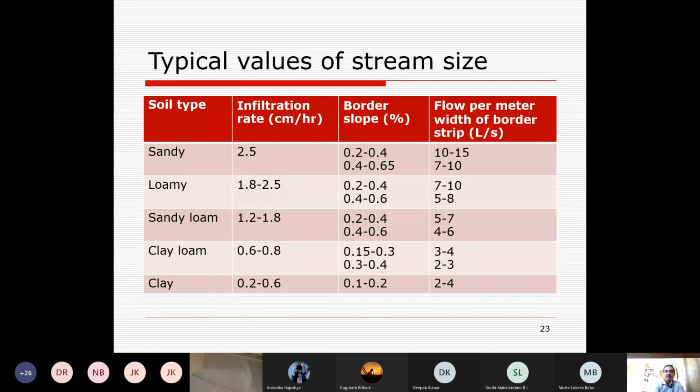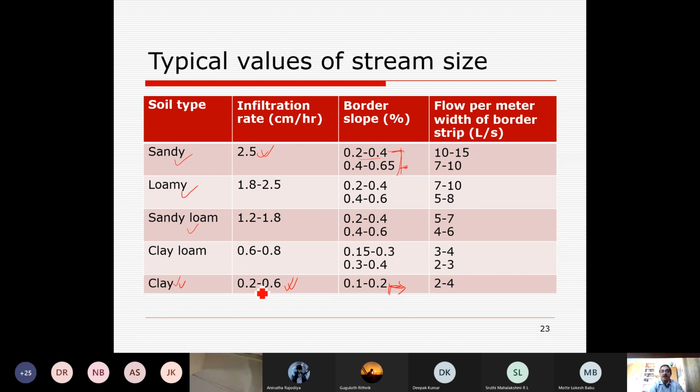So a simple example: we have sandy soil, loamy soil, sandy loam, and finally it reaches the clay, which has the least infiltration rate compared to sandy soil, which has a high infiltration rate. The border slope that is permitted is somewhere between 0.2 to 0.4, and when this is the range of border slope, it is least, the reason being infiltration is less, so opportunity time should be more here.